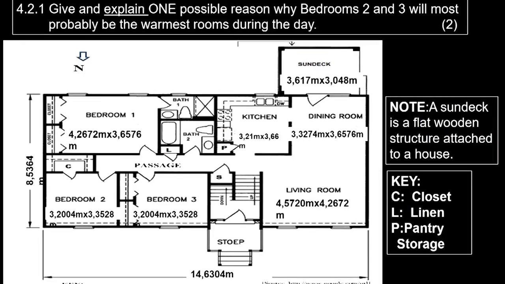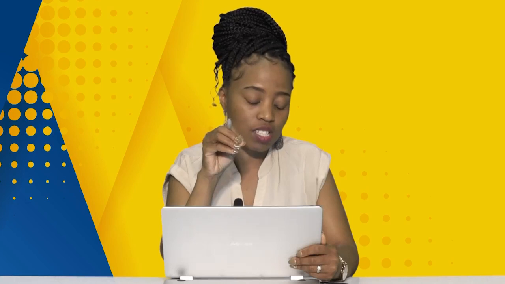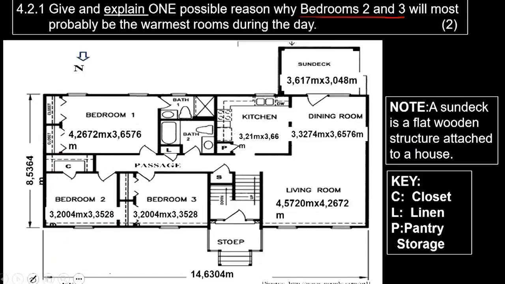Then you have a question there that says give and explain one possible reason why bedroom 2 and 3 will most probably be the warmest room during the day. Well, depending on the season, please go back and revise this part. Where does the sun shine in winter most of the day? In winter, the sun will shine throughout the day on the northern part of the house, which then makes the house warmer.